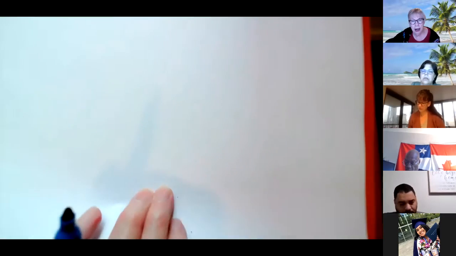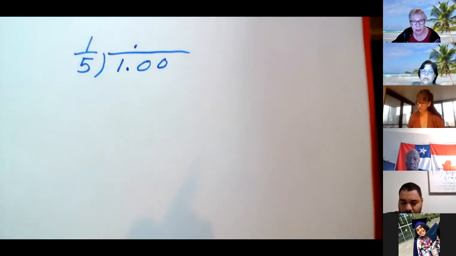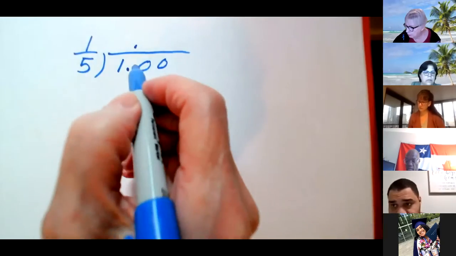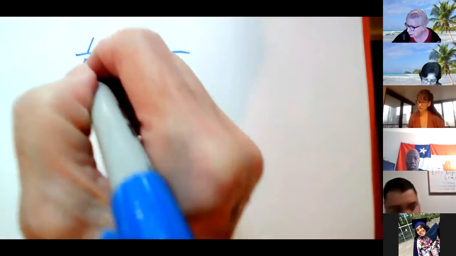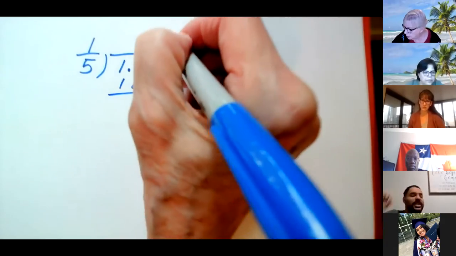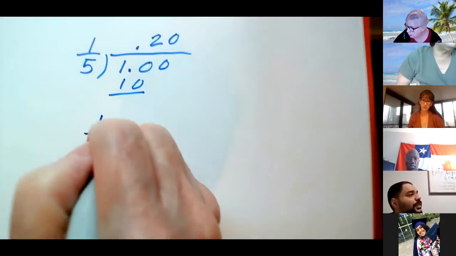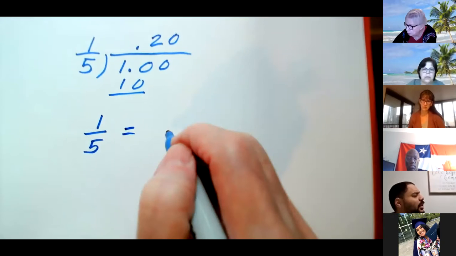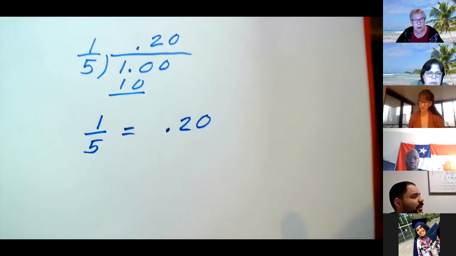If you divide it out into a decimal, 5 into 10 is 2. And then 5 into 0 is 0. So 1/5 as a decimal is 0.20.